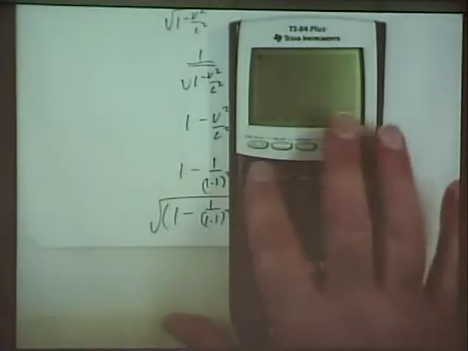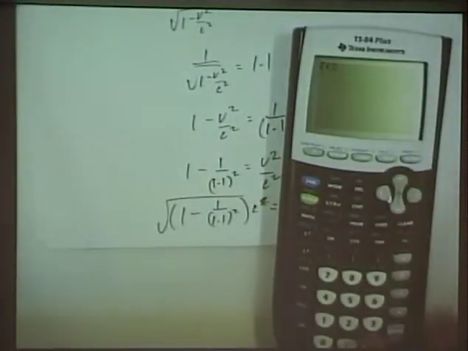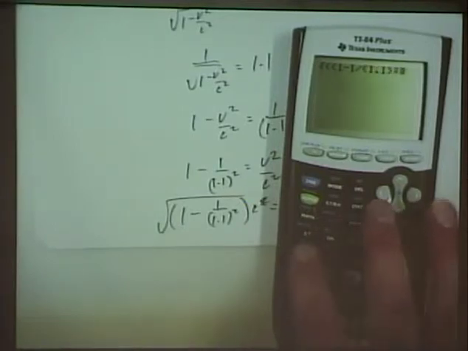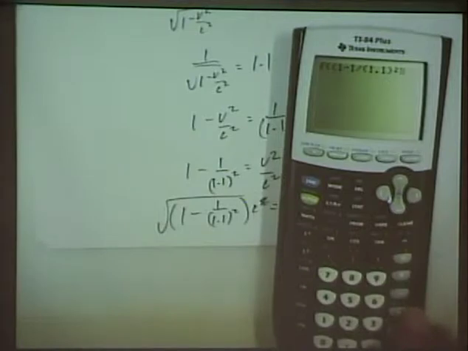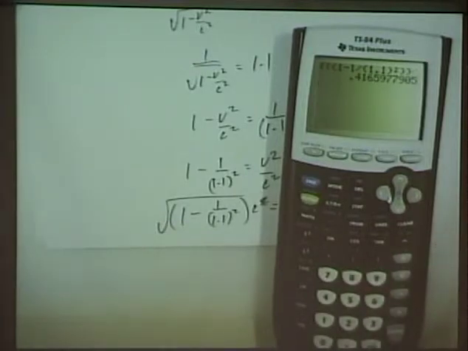I would take second and the square root, and then I'd hit this again and go 1 minus 1 divided by, and I'd also hit this in parentheses, 1.1 squared, and close that parentheses, equals. There we go. That'd be 0.416. Let's see if that works. What's that?